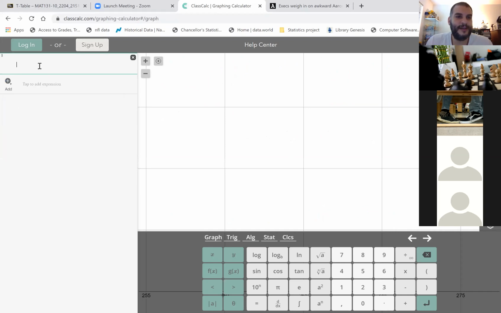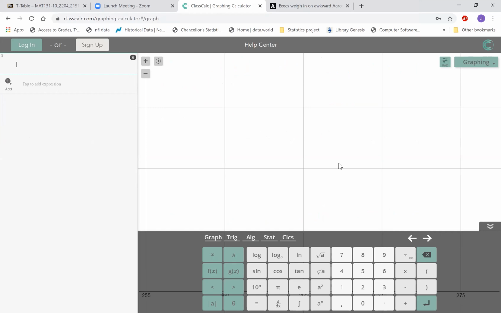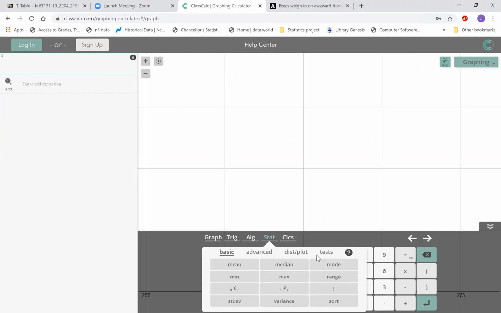All right, so for ClassCalc, always make sure that you are in graphing mode, because if you're not in graphing mode, you're not going to be able to do it. Then you want to hit the stats button, and if you look all the way over where it says test, you want to do a test.